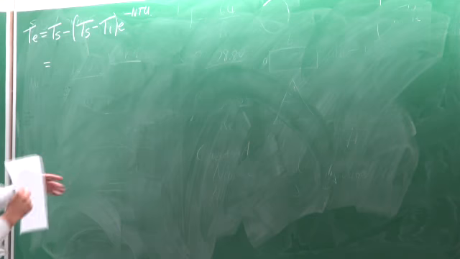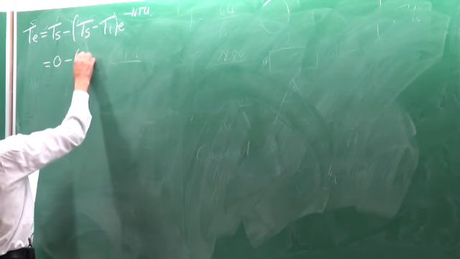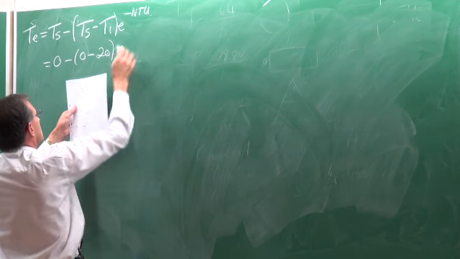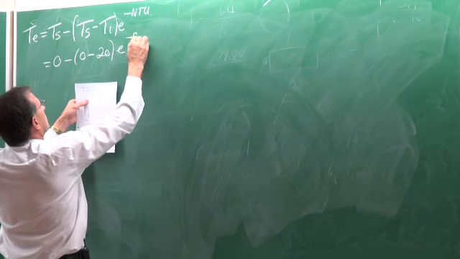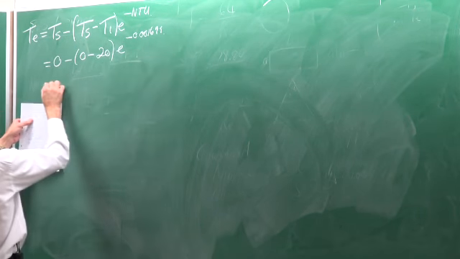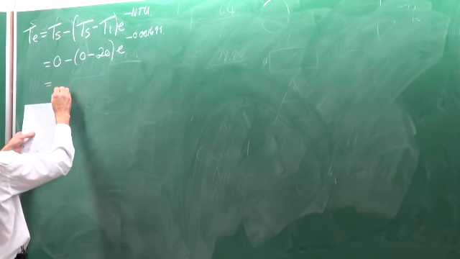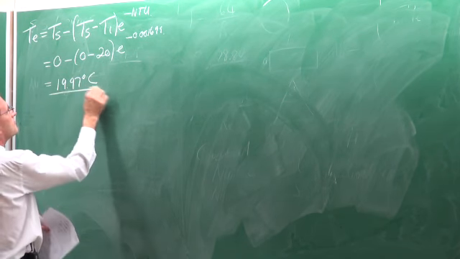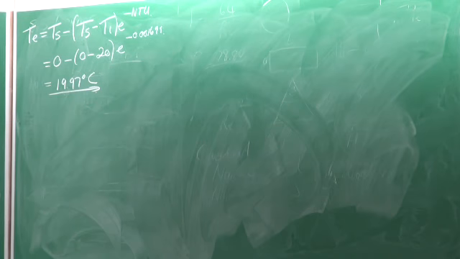The surface temperature is 0, so 0 minus 0 minus the inlet temperature of 20, times e to the minus 0.001699, and therefore the outlet temperature is going to be only 19.97 degrees Celsius.